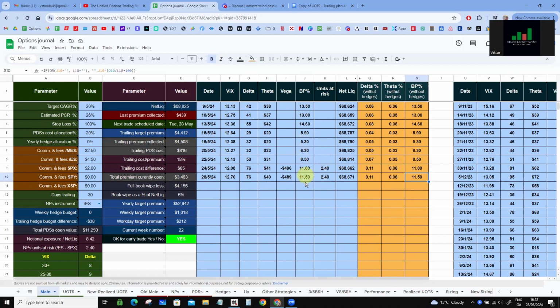And by the way, I added a couple of new metrics here to keep an even better eye on the risk, and then we can use these numbers later on to fine tune the parameters of the trading plan. Those two columns are Vega. We're going to try and keep track of the Vega of the portfolio occasionally every time we do the metrics, just to see how it goes, and that'll give us an idea of where we are in the future.